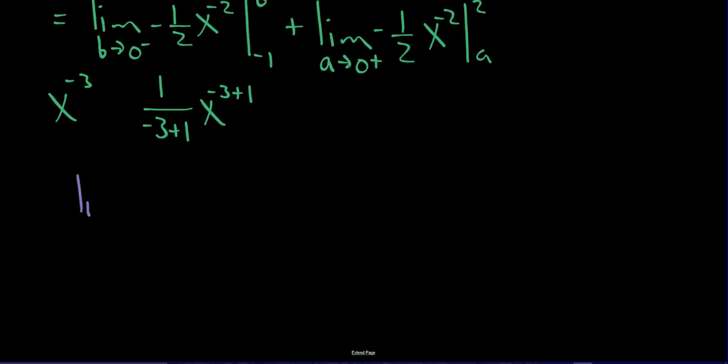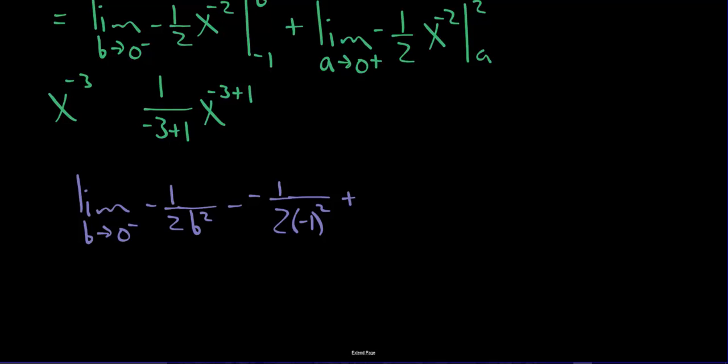Let's see what this first one is. I have the limit as b goes to 0 from the left, and that's going to be negative 1/2 times b to the second, right? I'm just putting in a b, okay? Minus negative 1/2 times negative 1 squared, right? So there's that one.